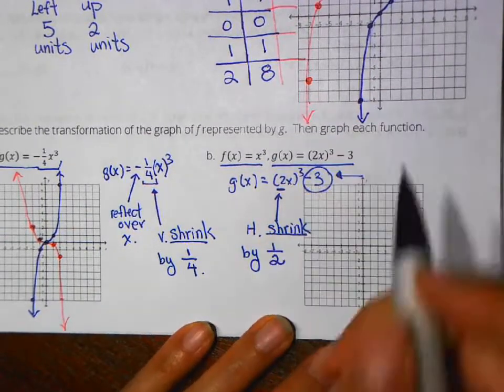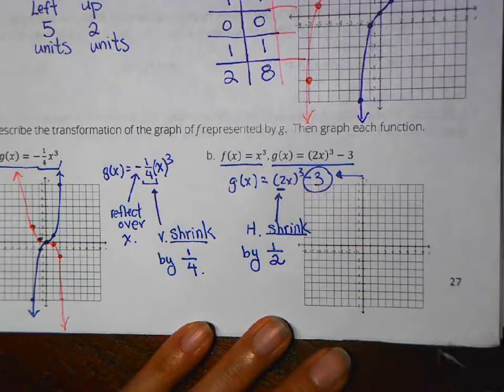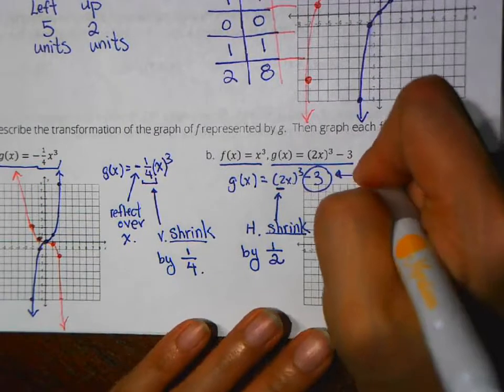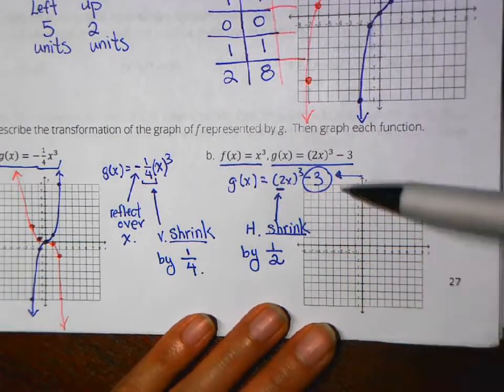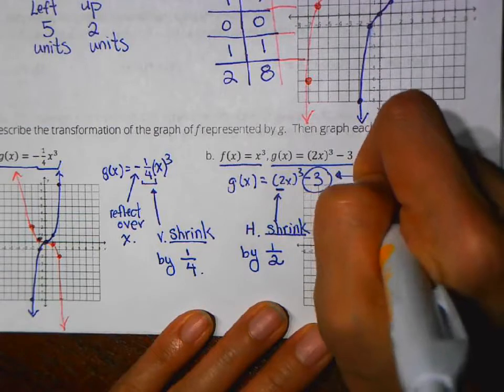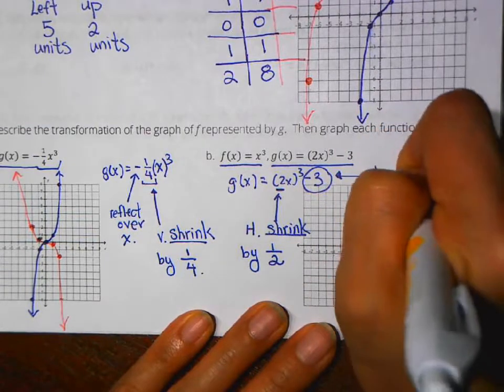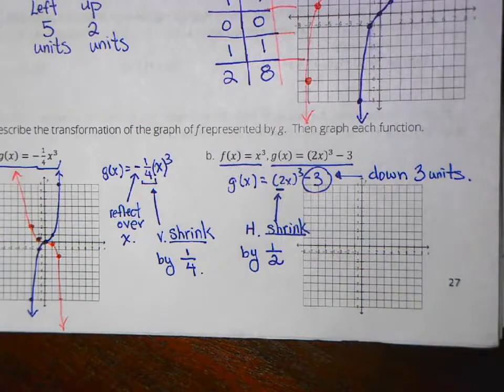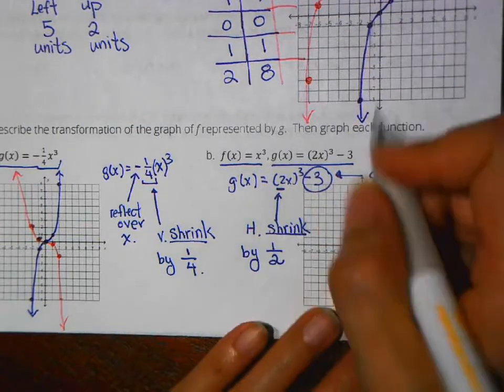That minus 3 is on the outside. You're subtracting 3 from the entire x cubed. So that is a vertical movement. And moving up and down, minus 3 is actually moving down. You're translating down 3 units. Those are my two transformations, and you do the same thing with the graph.